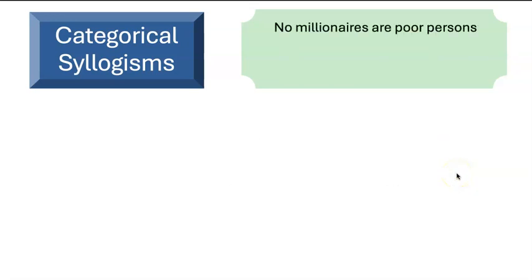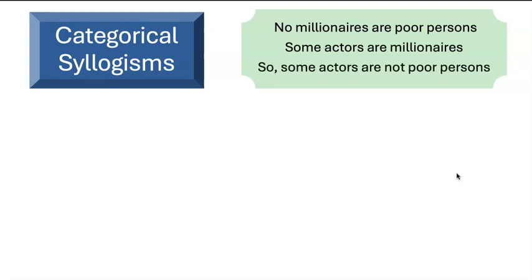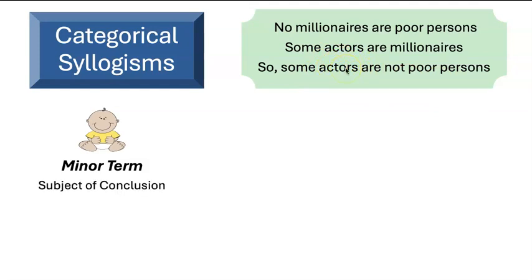Alright, so looking at this syllogism: no millionaires are poor persons. Some actors are millionaires. So some actors are not poor persons. Before we start, well, we can identify the terms. The minor term is the subject of the conclusion, so that's actors.